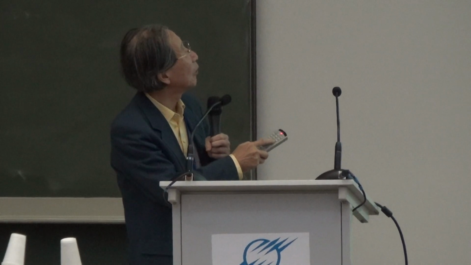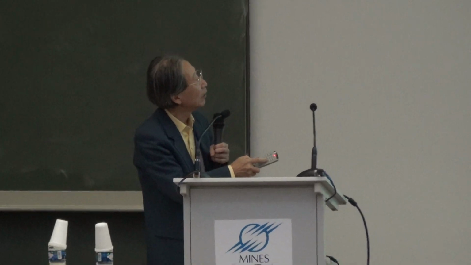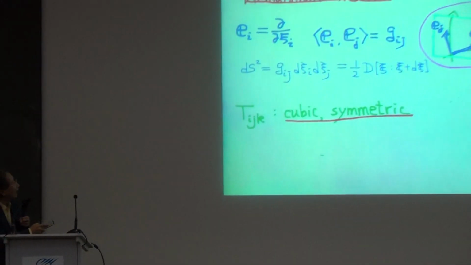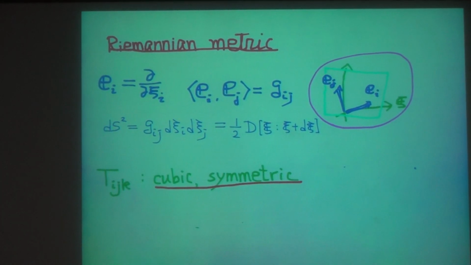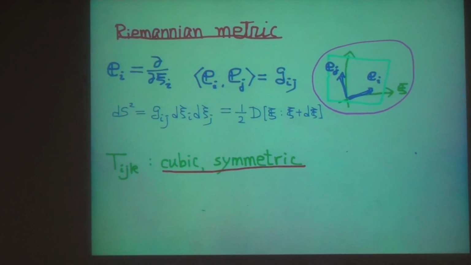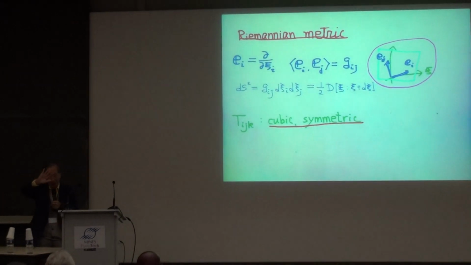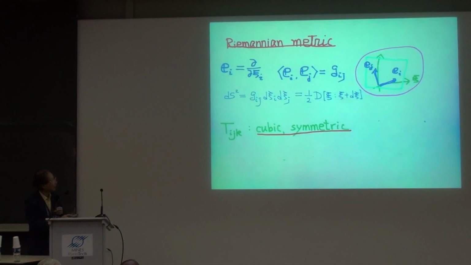Okay, Riemannian metric. So the tangent direction along the coordinate line, we say this is a tangent vector. And for mathematicians, the tangent vector definition is very nice. It is something like a directional derivative satisfying certain conditions, okay? But forget about it. Just tangent, right?